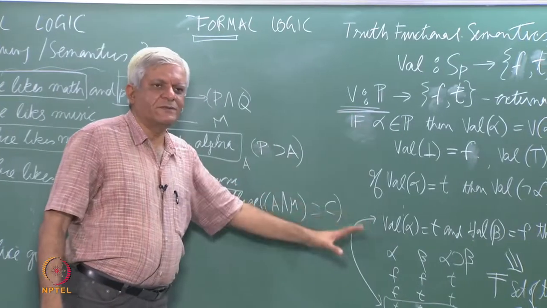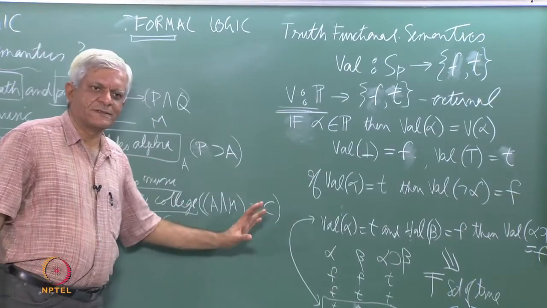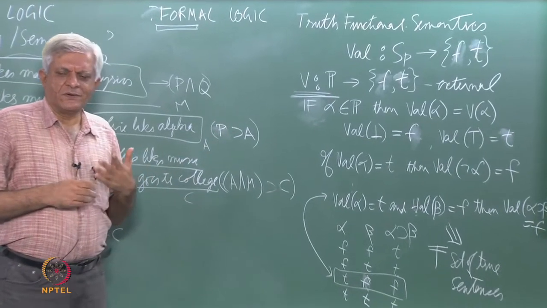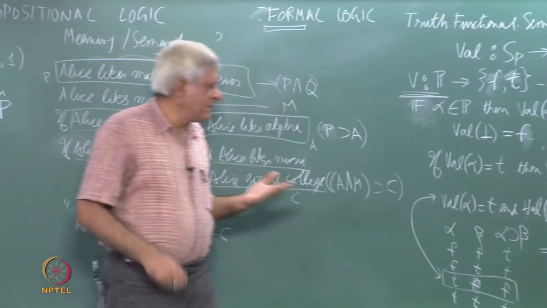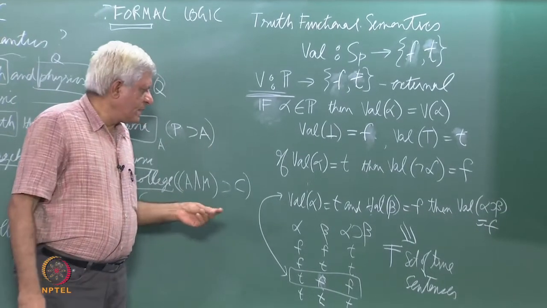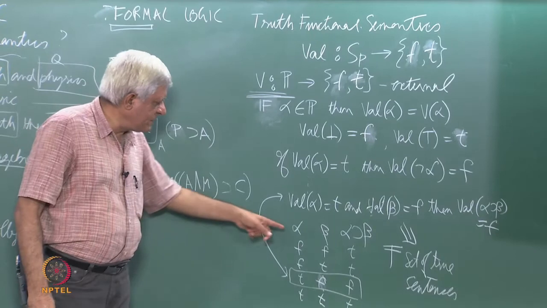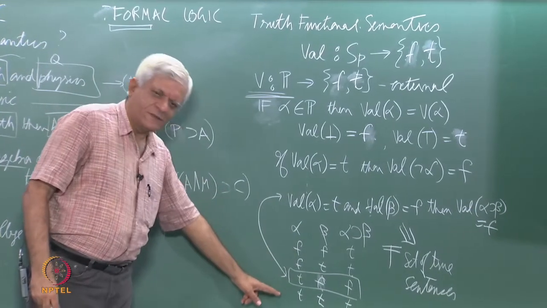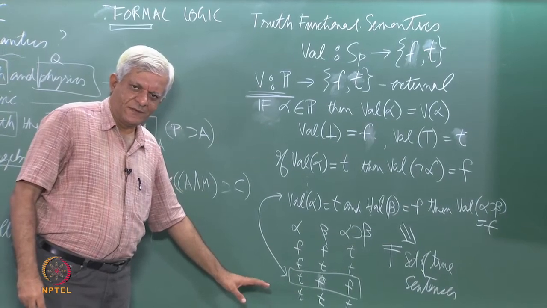I do not want to apply these rules, I do not want to construct truth tables. Why? Because the size of the truth table can grow to be very large essentially. I have two constituents here, alpha and beta, and I have four rows in my truth table.